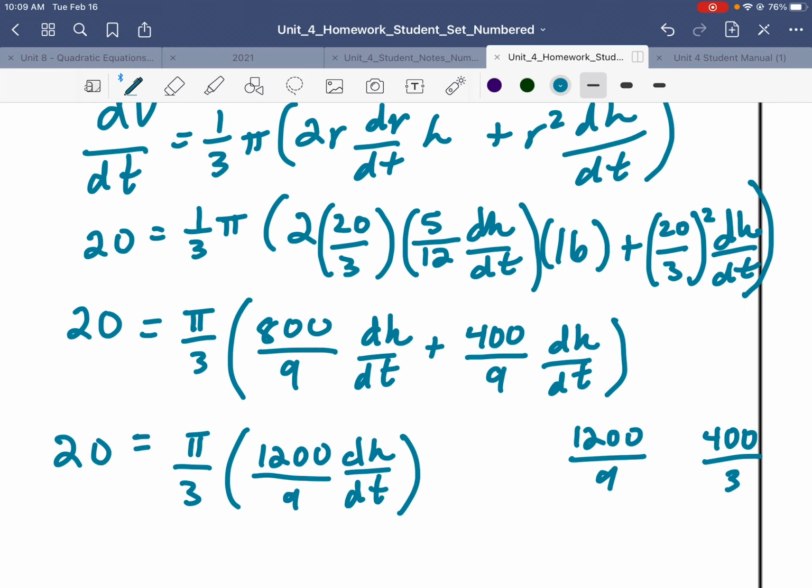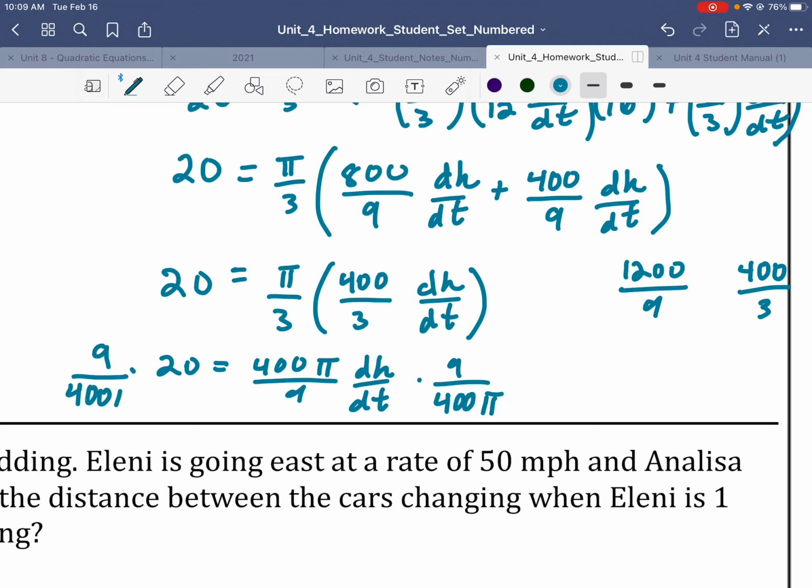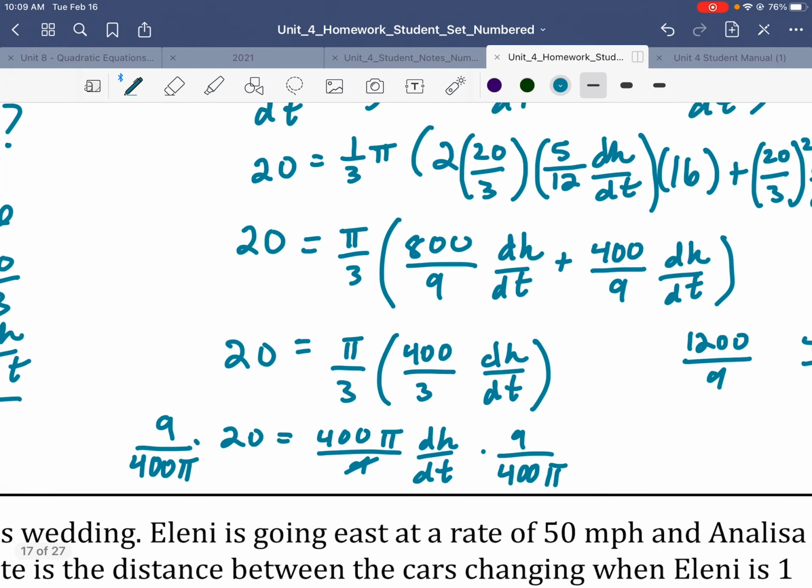And so I really have 20 is equal to 400 pi over 9 dH/dt. Okay, and just to get our dH/dt by itself, we're going to multiply both sides by 9 over 400 pi. The 400 pi's cancel.